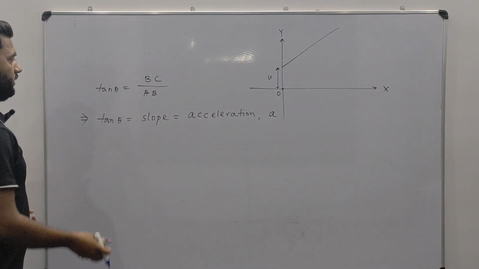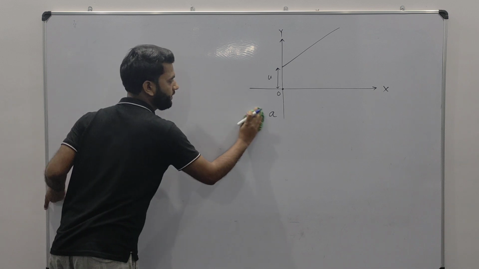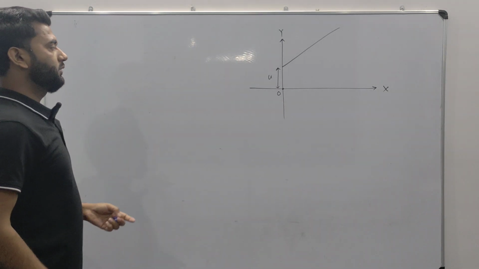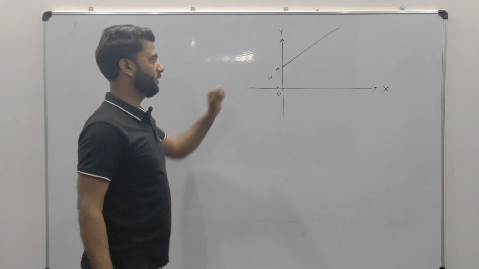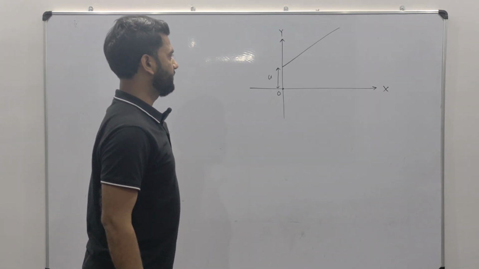So the particle is moving with a uniform acceleration a and with an initial velocity u, and it looks like the given graphical representation.